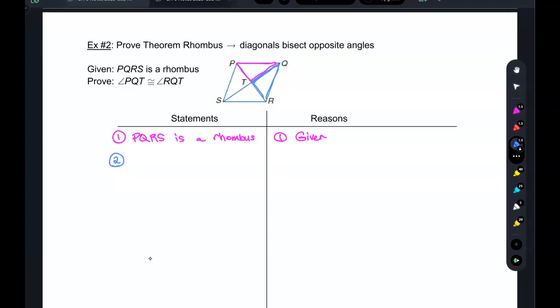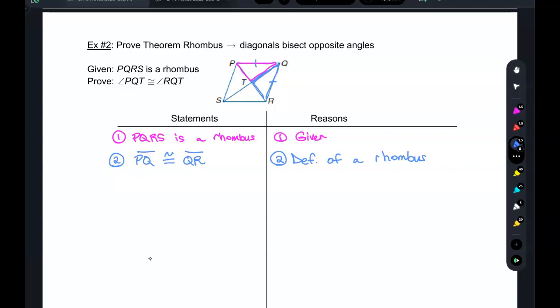If I'm just trying to get these two triangles, I can just say PQ congruent to QR. Now, if I wanted to write all four were congruent, that's fine. What is the reason? This is the definition of a rhombus. Okay, so I have two sides congruent.